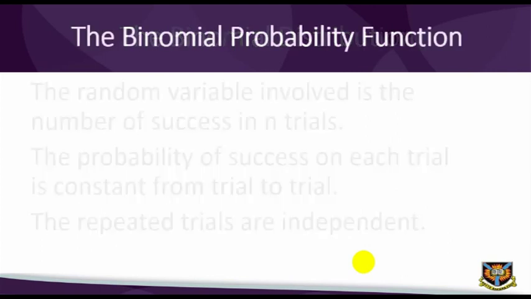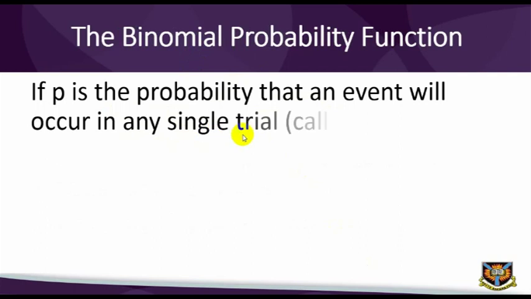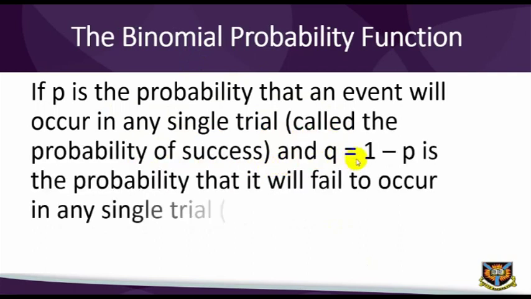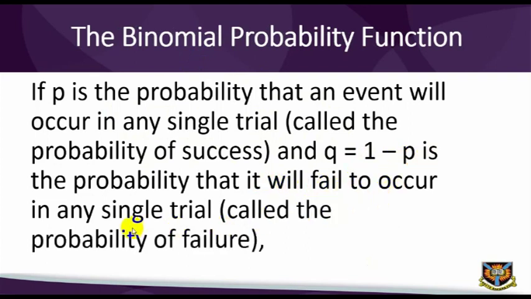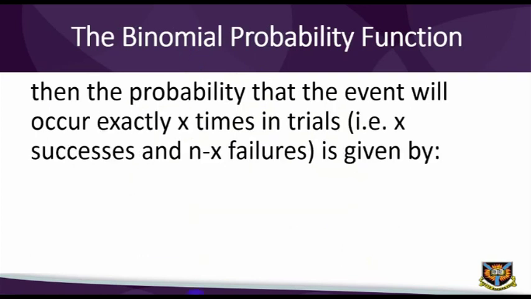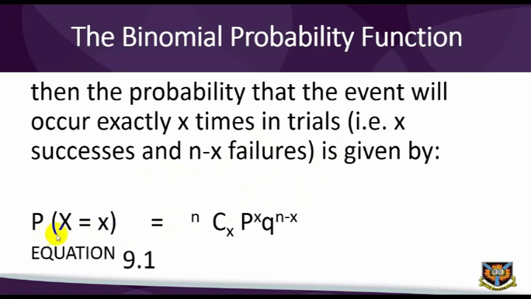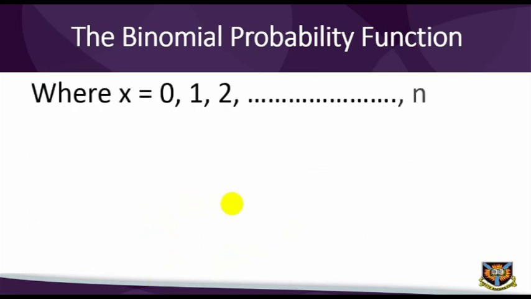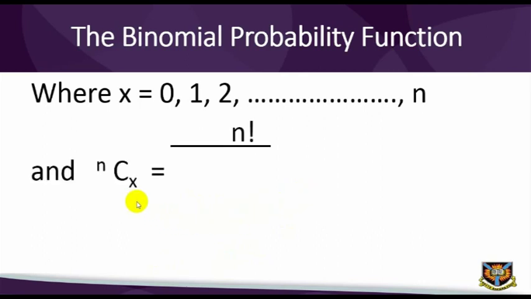The binomial probability function. If p is the probability that an event will occur in any single trial, called the probability of success, and q equals 1 minus p is the probability that it will fail to occur in any single trial, called the probability of failure, then the probability that the event will occur exactly x times in n trials, that is, x successes and n minus x failures, is given by P(x) = (n choose x) p^x q^(n-x), equation 9.1, where x is equal to 0, 1, 2, up to n, and n choose x is equal to n factorial over x factorial times (n minus x) factorial.